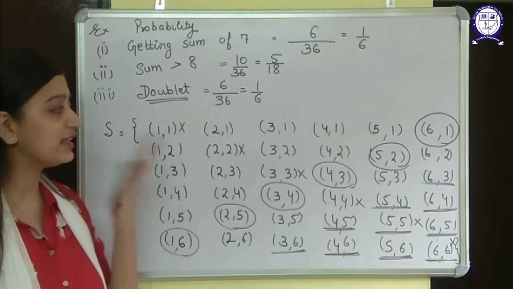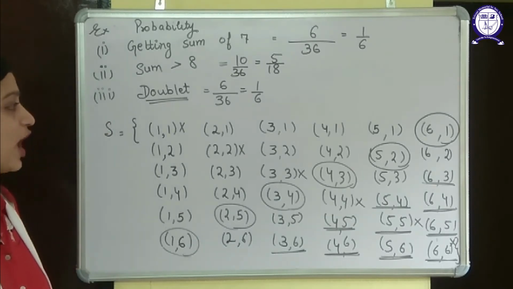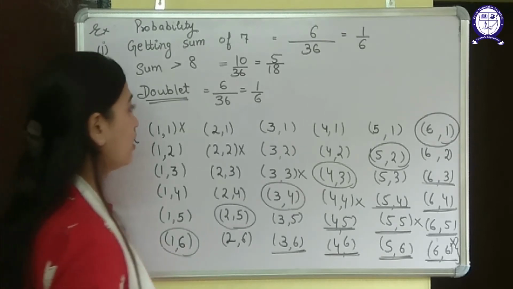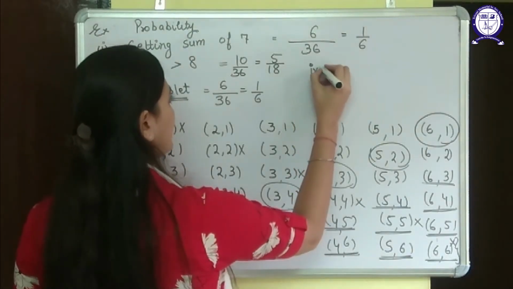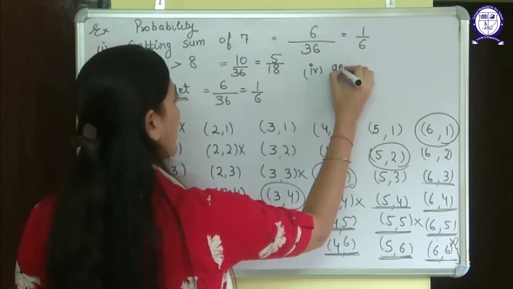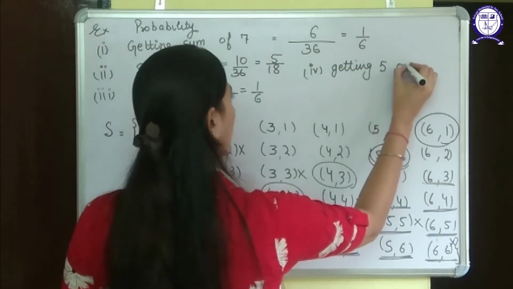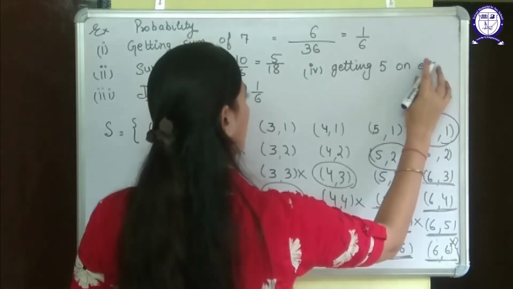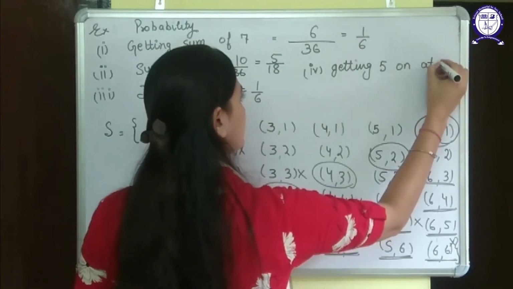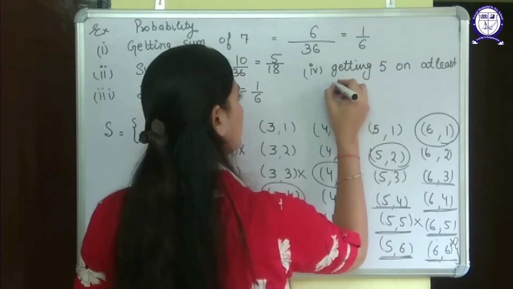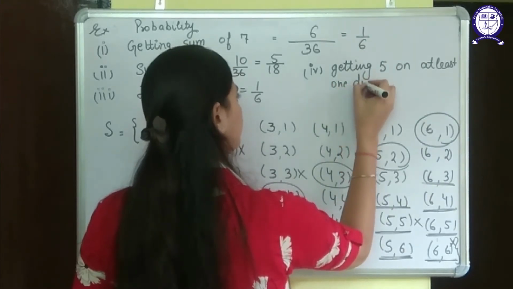Now let's take a little more complicated question. Now it says, fourth part says, getting 5 on at least one dice.